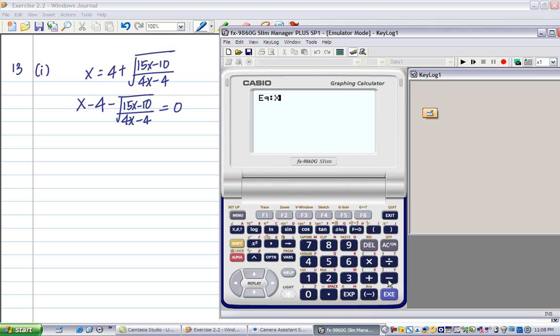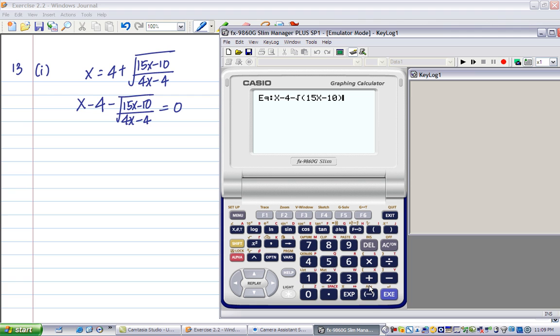I'm not going to show you everything, I'm just going to show you partially. Minus 4, then square root of whatever function you key in, 15x. Now carry on to key in the equation on your own. I'm not going to do that for you. You carry on yourself to key in the complete equation.